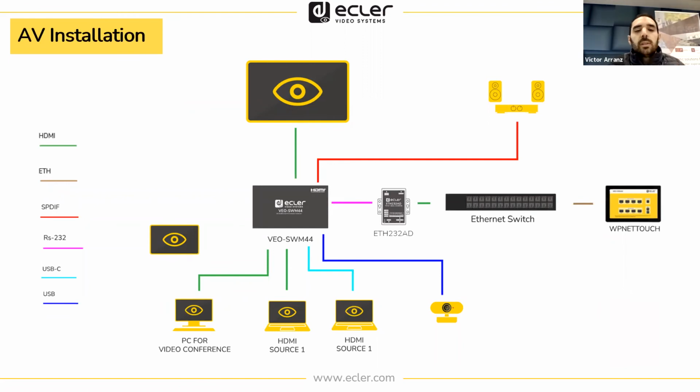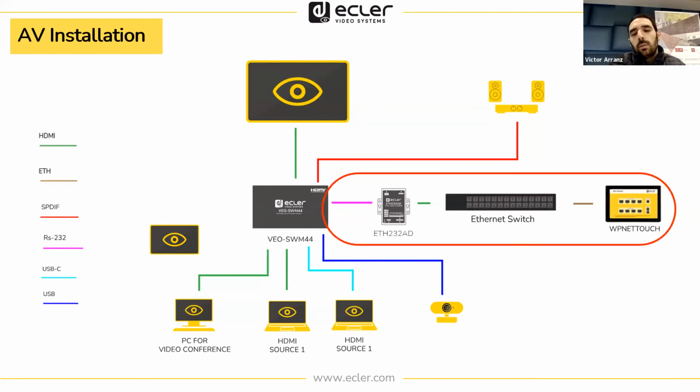Take for example this installation where we have a BOS W44 that, for those who may have worked with it, lacks LAN connectivity. So the only way to control it is through RS-232. I want to focus on this branch right here, where a new element appears. This is going to translate the TCP commands into RS-232 serial commands.